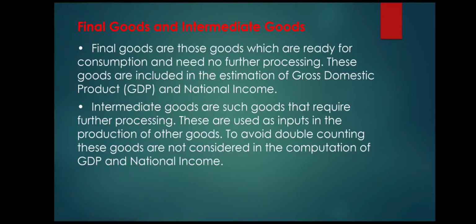Intermediate goods are not considered while calculating the value of GDP because it would lead to double counting. The reason is the value of final goods already contains the value of intermediate goods. As a result, we do not consider the value of intermediate goods. And national income, you already know, means total income. So only final goods are considered while calculating GDP and national income.